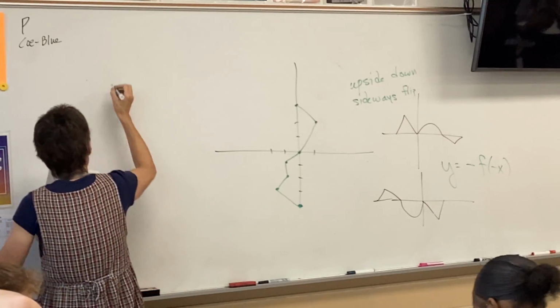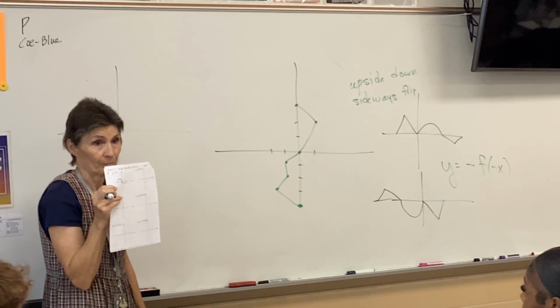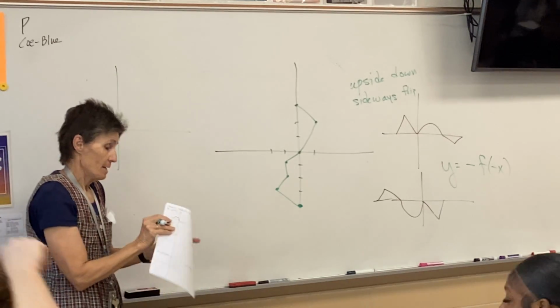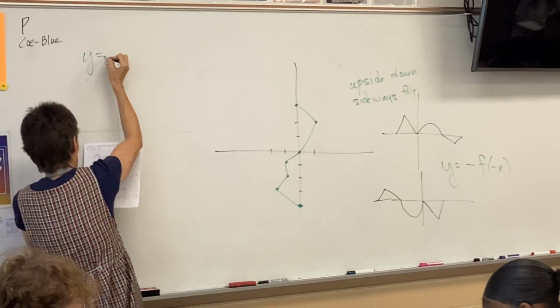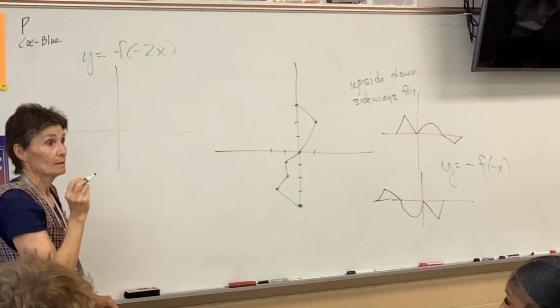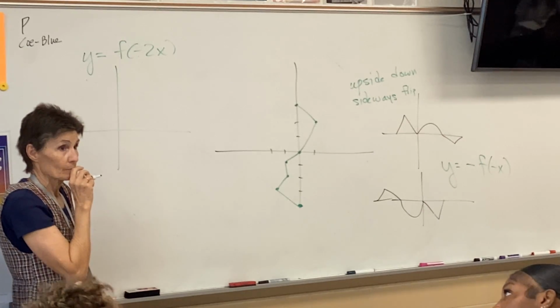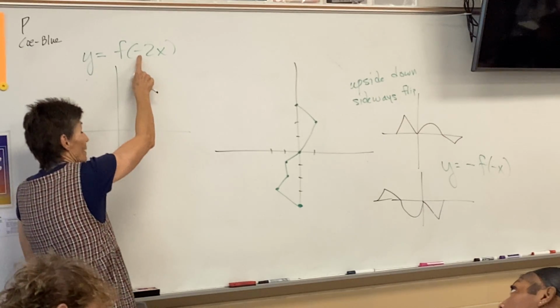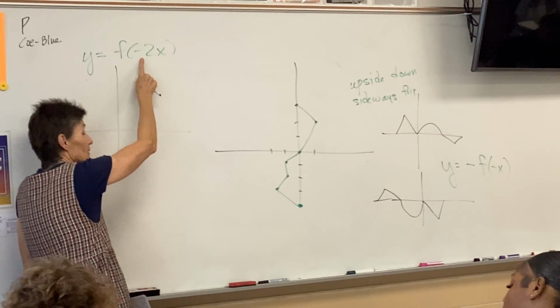So you're going to have some shape, and you're going to have to do stuff to it. So let's look at the first one. What is that going to do? Well, we just talked about that. That's going to be a sideways flip.